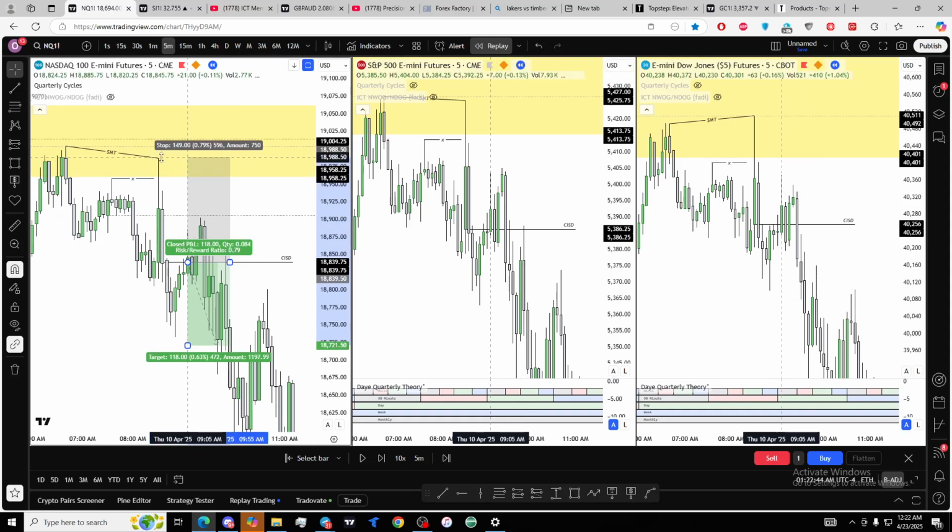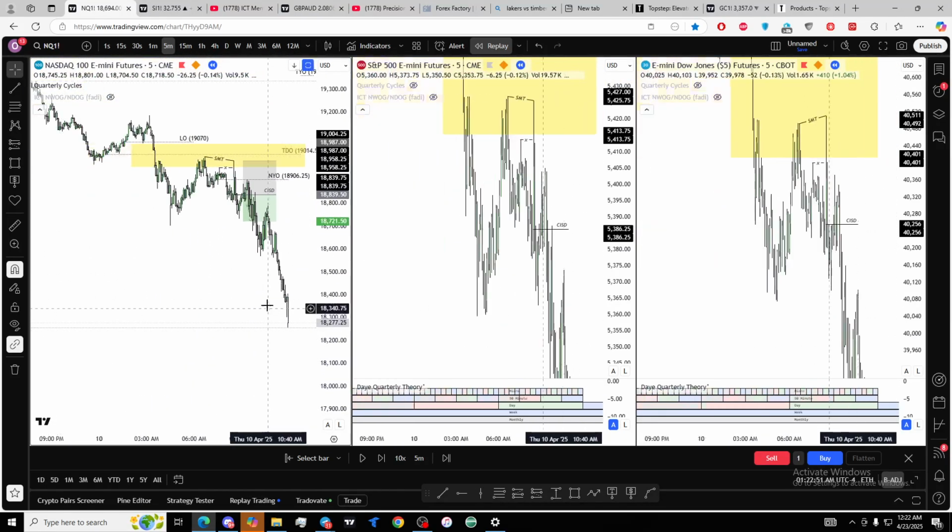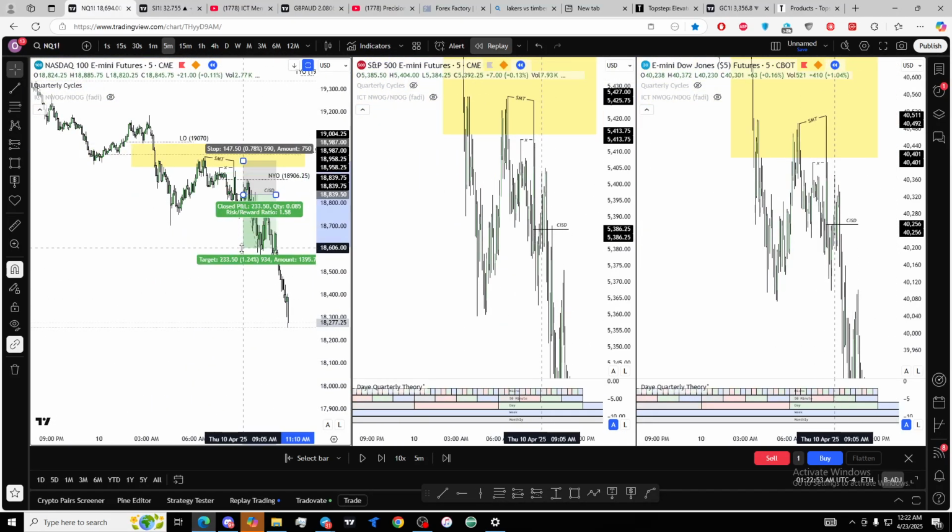You'll put your stop above here. And then you will aim for a 1 to 2 and get in and get out, or aim for a 1 to 4, which I normally aim for.